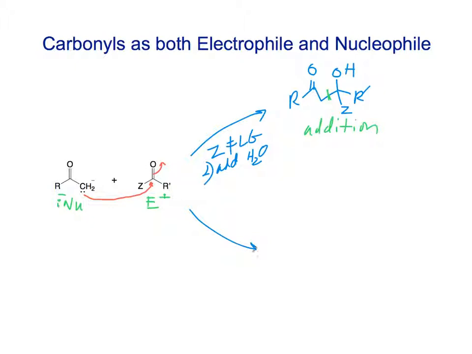If, alternatively, that Z group can be a leaving group, and we're going to predominantly look at esters for this reaction, then in the end we would get plus Z minus over here, a substitution reaction.